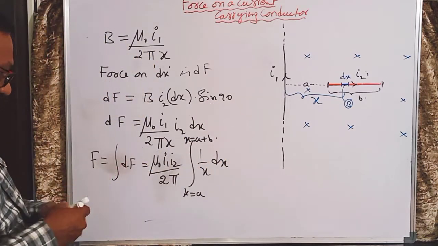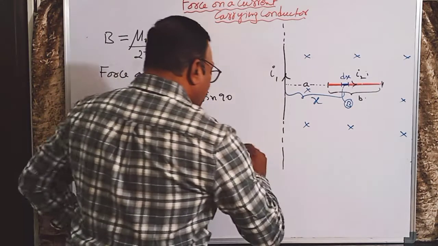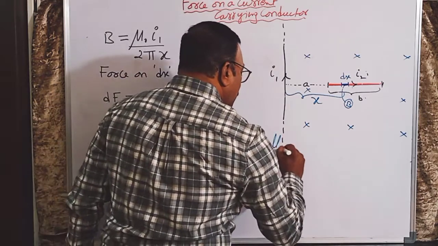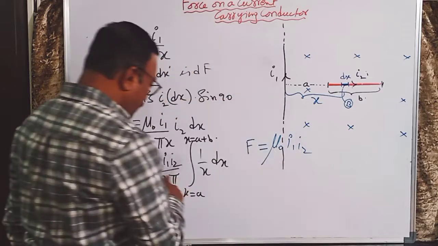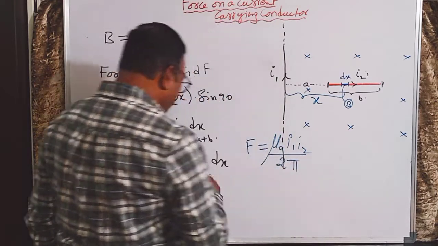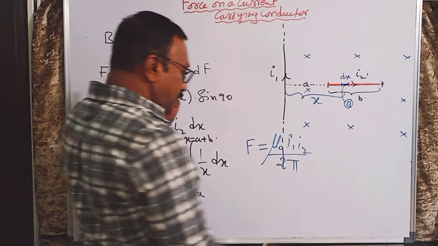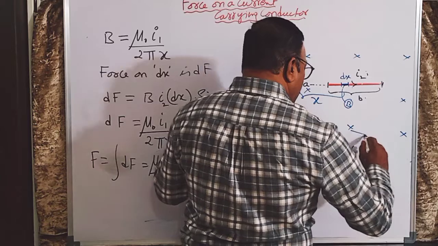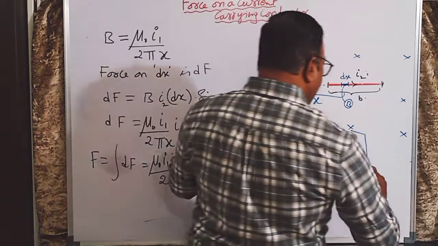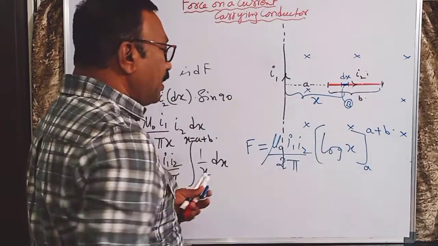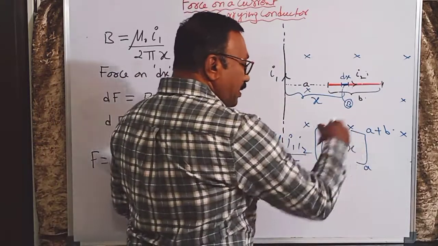So, now you get the answer. The force acting on this conductor is mu naught I1 I2 by 2 pi, times the integral of 1 by x, which is log x, taking the limits from A to A plus B. So now what will you get here?